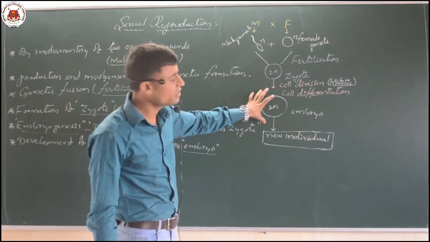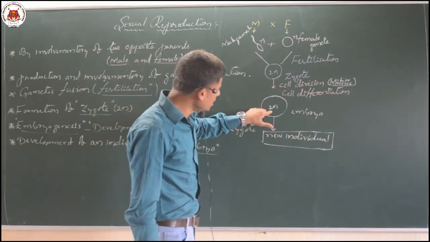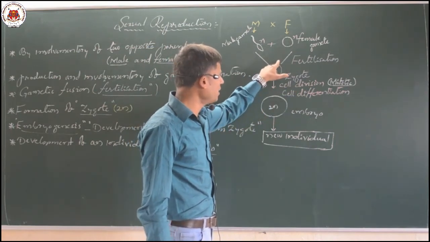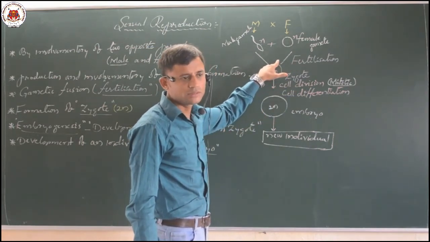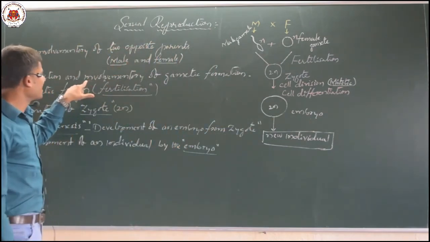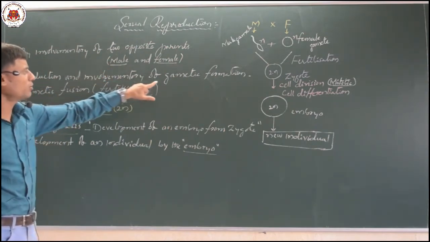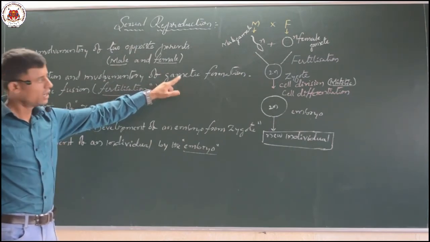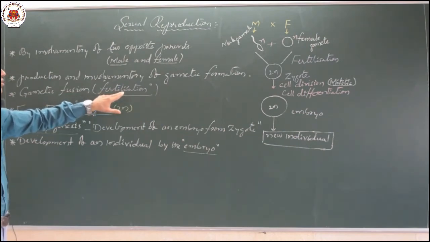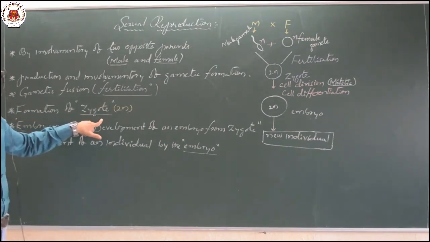In sexual reproduction, this basic phenomenon we can observe. During individual formation, cell divisions occur, and the synthesizing of the gametes we call gametogenesis. So, first is gametogenesis. Two parents are involved and they produce two gametes, and the formed gametes fuse; that condition we call fertilization. As a result of fertilization, a zygote is formed.